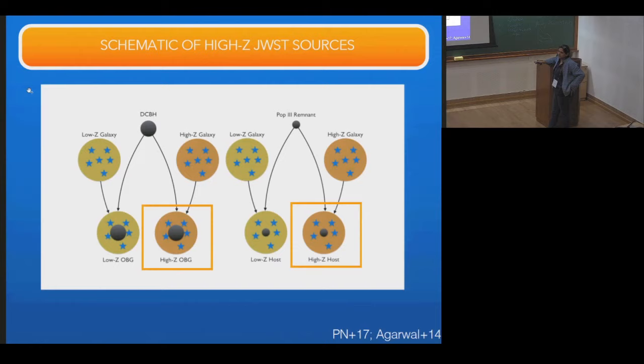Remember, in M-Sigma, we see that the mass of the black hole is 1,000th the mass of the stars. Here, the black hole mass dominates the galaxy. The mass locked up in this black hole is much higher than the mass in the stellar population. And the entire spectrum will be dominated by accretion onto the supermassive black hole. But there'll be a stellar component, so you'll see some stellar lines and so on and so forth, right? But this is the complete converse of what we have.